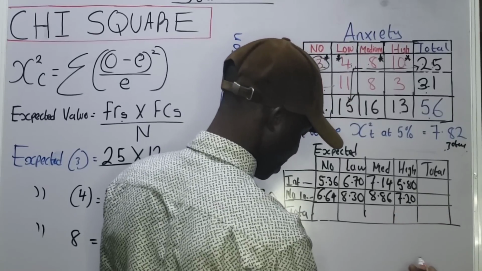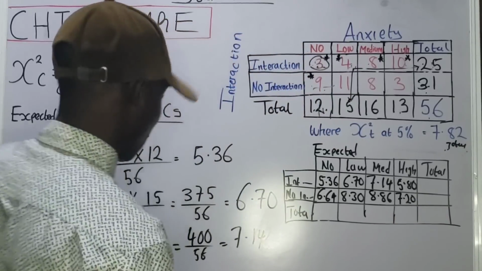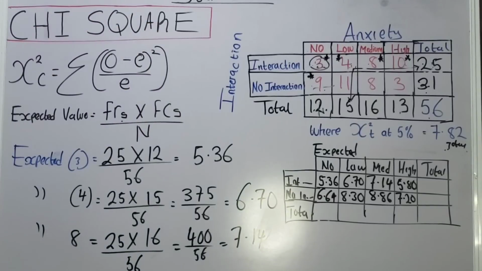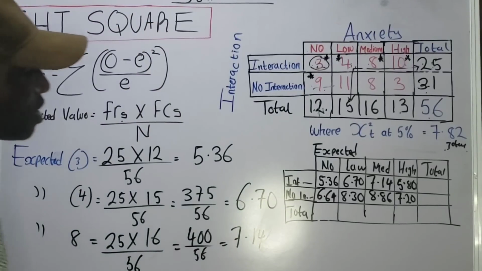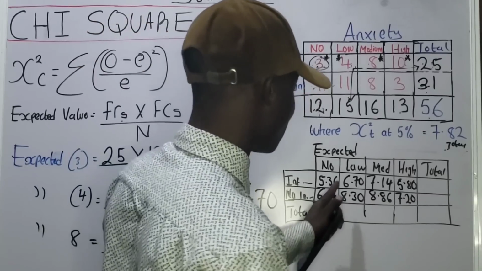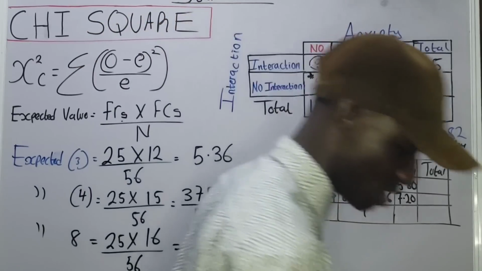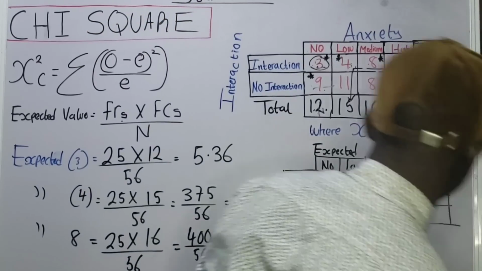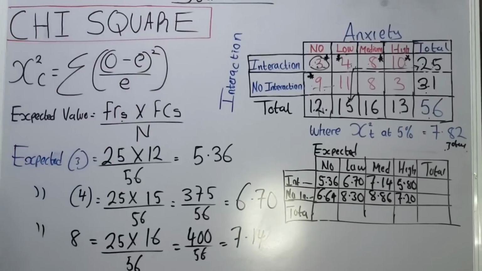Do you understand? Okay, so now I want to do something. You know what you're going to do now. I want to add all these values together. 5.36 plus 6.70 plus 7.14 plus 5.80, you are still going to arrive at 25.